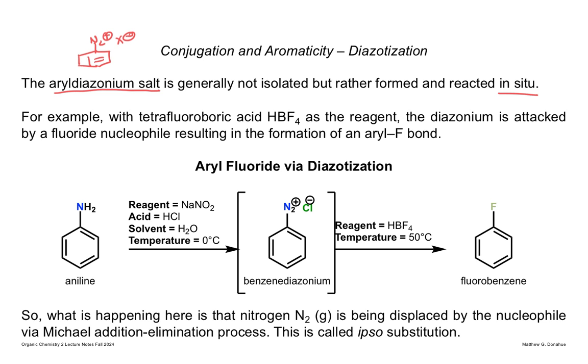So you're forming it and then you're adding some other reagent to do the substitution. So to make an aryl fluoride, we first make the benzene diazonium salt, and then a reagent that we can use that's a fluorine source is tetrafluoroboric acid. And so essentially, if we expand that out, a way to think about it is a proton plus the 4 fluorines bonded to the boron makes the boron negative.